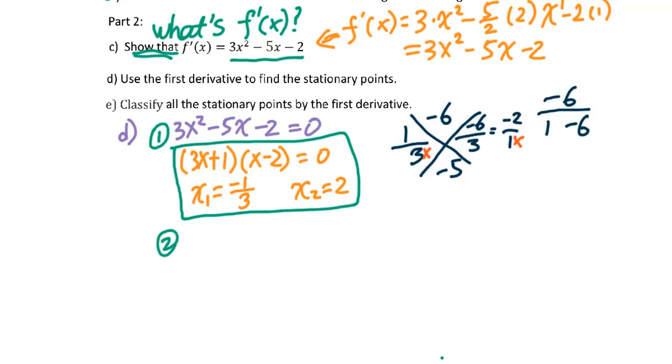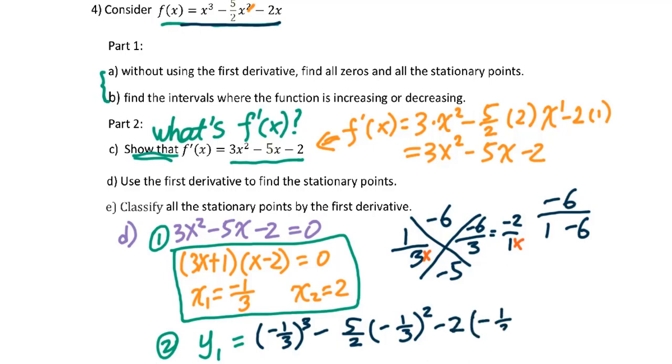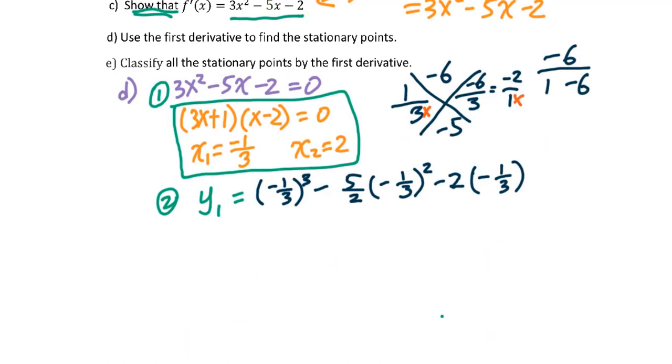The second step, you need to get the y1 and the y2. So for y1, we will substitute into the original function. That will be -1 over 3 to the third power minus 5 over 2 times -1 over 3 squared minus 2 times -1 over 3. You will get 19 over 54. Then you need to get the y2.